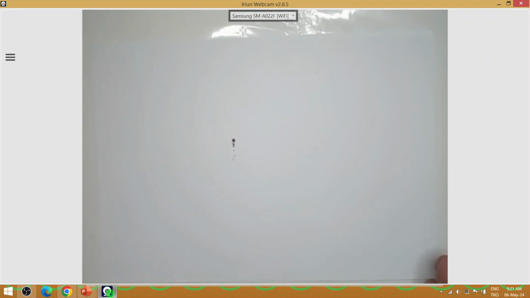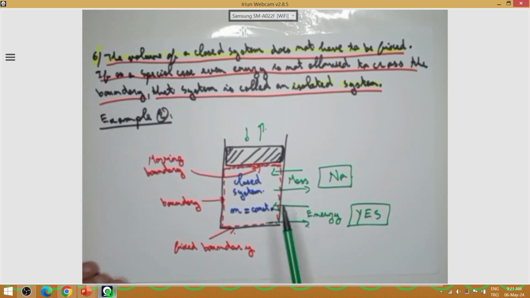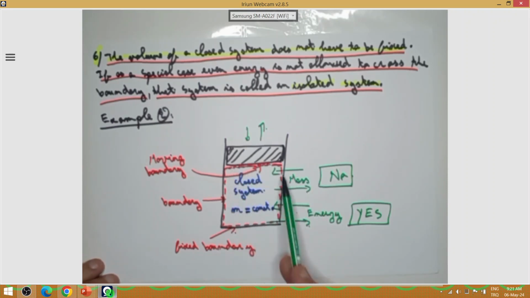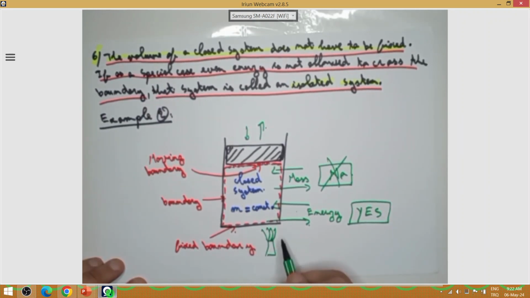But when we speak about a closed system, as we have seen, mass cannot go in and out. There is no inlet or outlet for the mass. So you can see here that the cylinder is closed, so mass has no way to go in or out. But energy, yes, it can. For example, I can put a flame here, and I can have heat, so I can have Q in the form of heat.